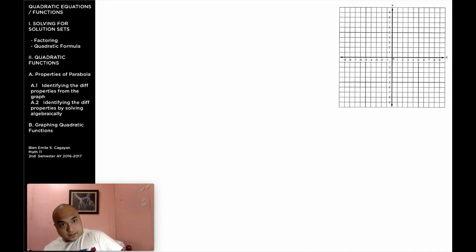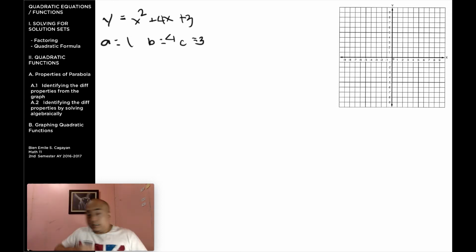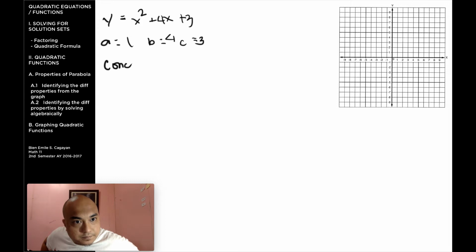Another example is this function, x squared plus 4x plus 3. First, we write the coefficients, it's much easier for us to solve later: 1, 4, 3. Next, we know that our a is greater than 0, so our concavity is upwards.